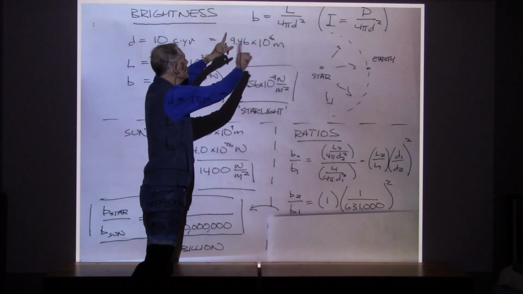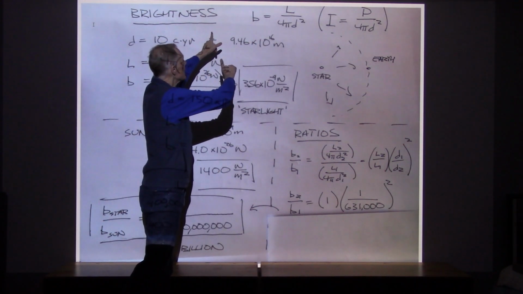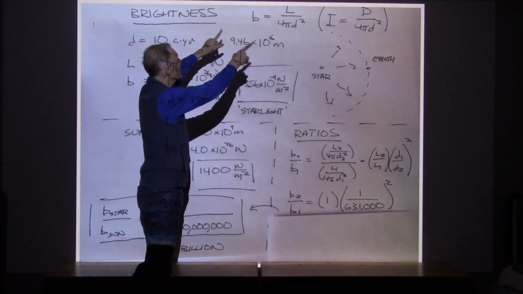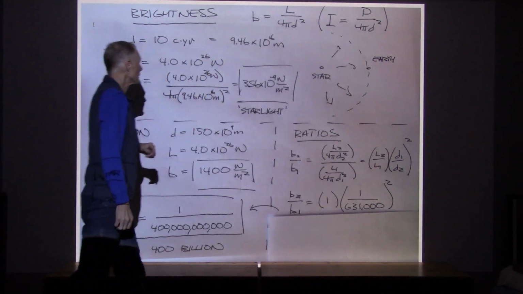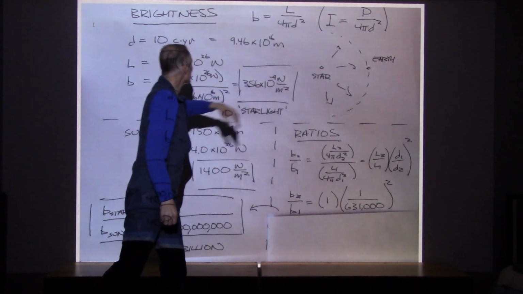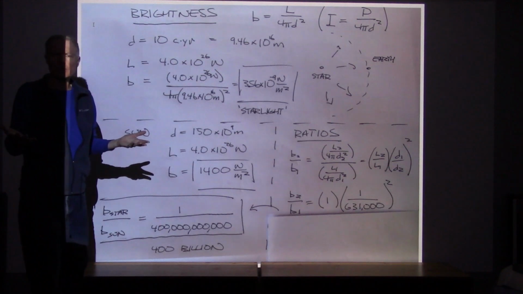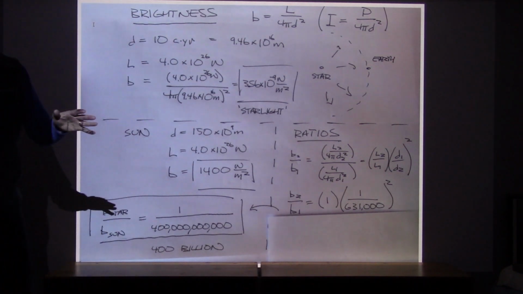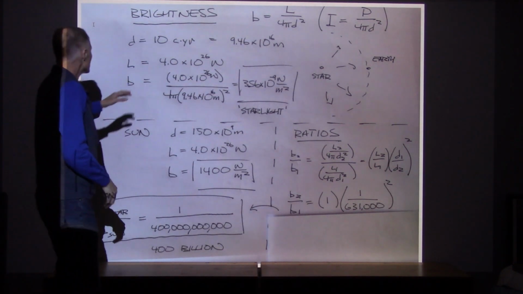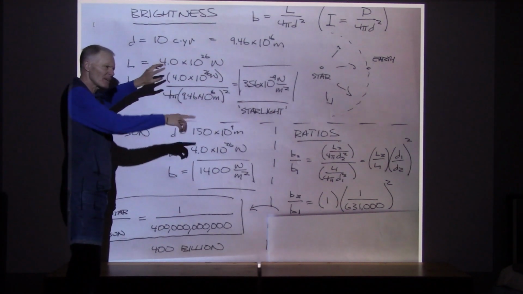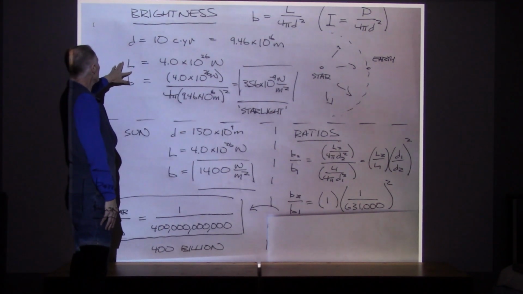I've got my two brightness formulas, my brightness and then the formula written in terms of intensity and power. Here is the star, here is Earth. And I made up a luminosity, so I added this in. Let's say that the star has the same luminosity as the sun. Maybe actually the problem did say that. So here's the luminosity.